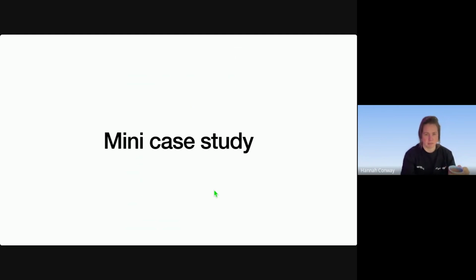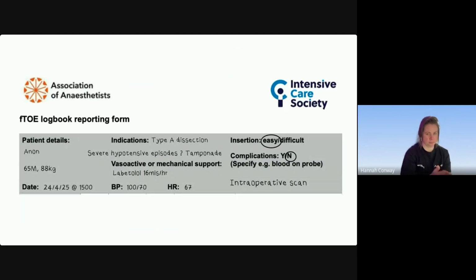So in terms of the mini case study, let's have a look at this. Right, so this patient, 65, 88 kilograms, emergency type A dissection, and basically pre-bypass this patient kept having dynamic hypotension, and the patient had been rushed through with a very poor CT, and at that time there was no evidence of collection.